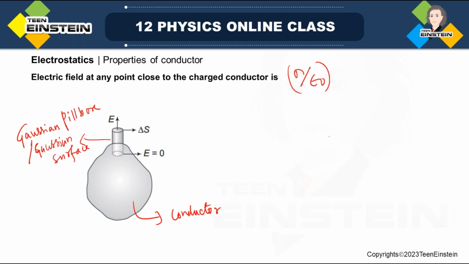Half of the pillbox is inside the conductor and half is just outside. It is drawn long just for representation; otherwise, the flat surfaces are very close to the boundary of the surface, just outside and just inside.